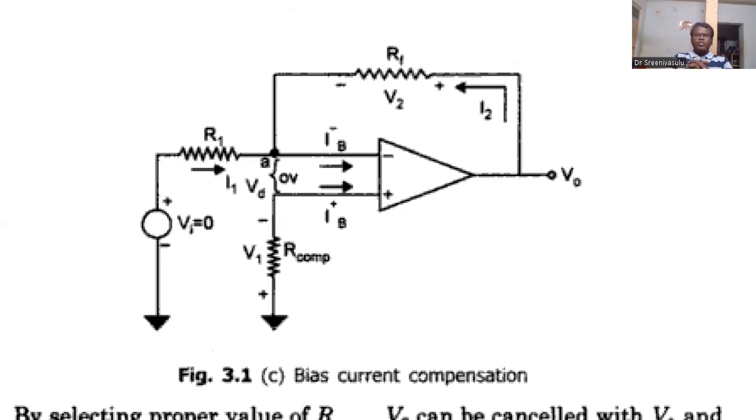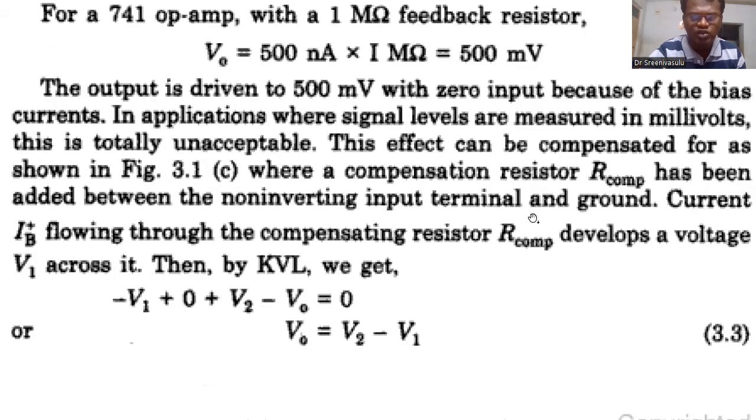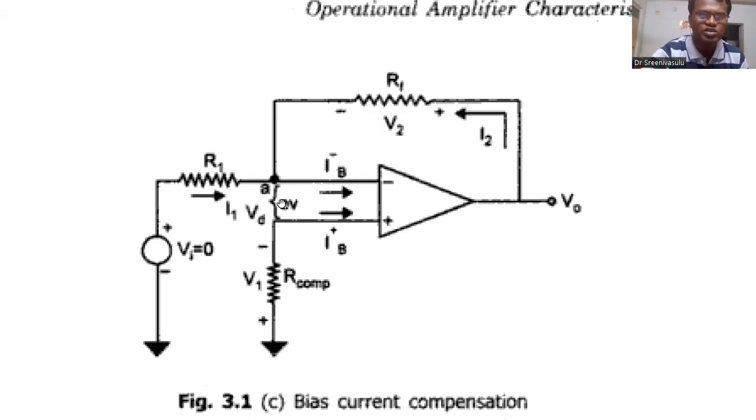Output V0 is equal to I2 into RF plus the voltage difference between the two inputs, which is 0, plus the voltage due to the current flowing, IB plus. Applying KVL: minus V1 plus 0 plus V2 minus V0 is equal to 0. Here V1 is the voltage developed across the compensation resistor, then the voltage difference between the two inputs, then V2, plus the output voltage.